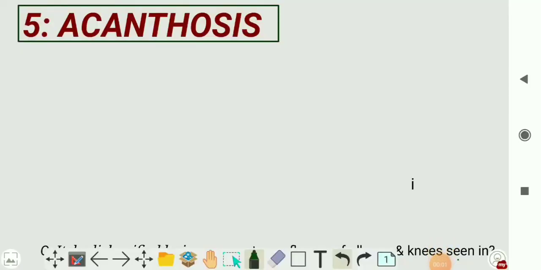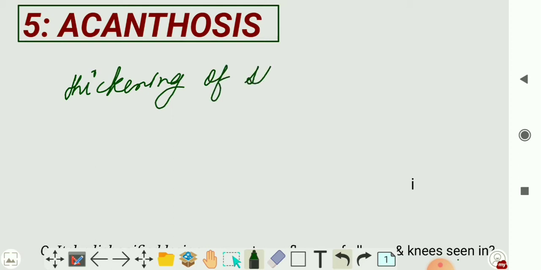Today I am going to talk about another histopathological finding, that is acanthosis. Acanthosis means thickening of stratum spinosum.